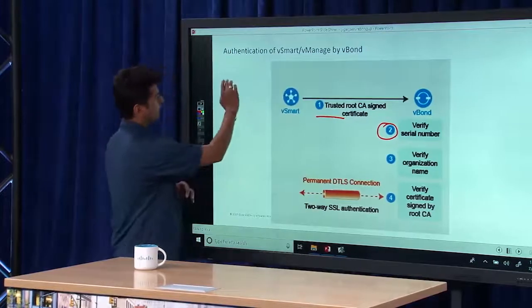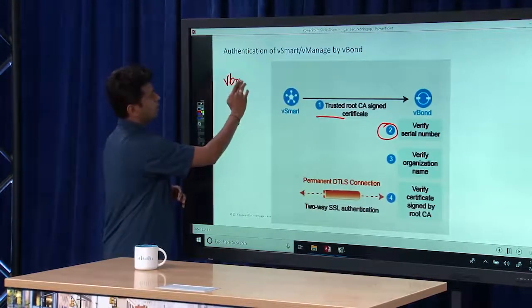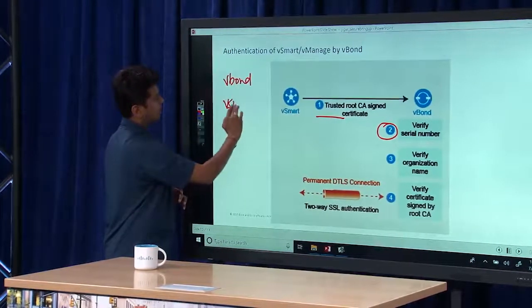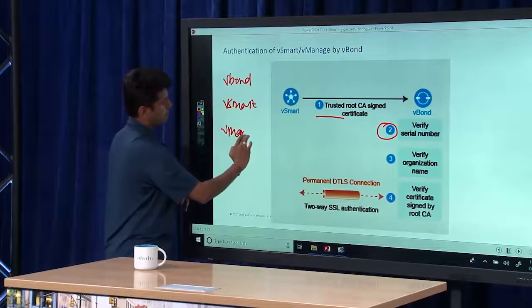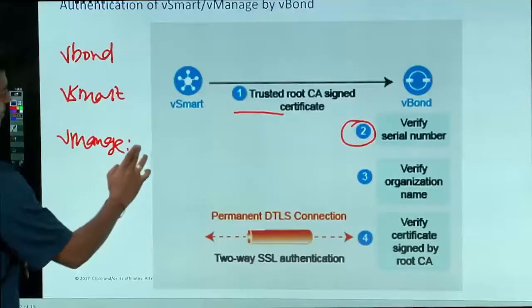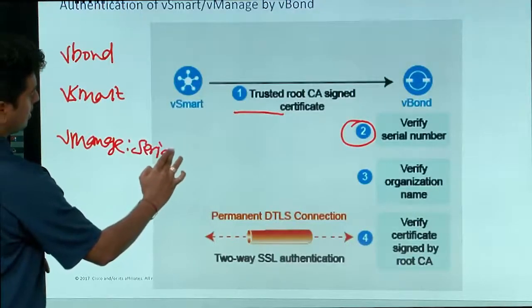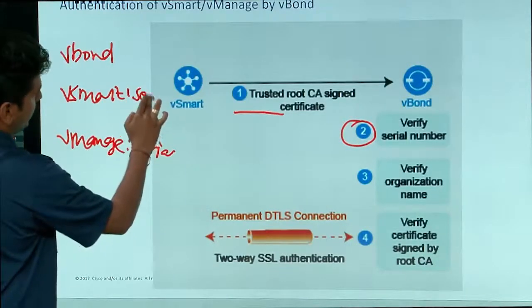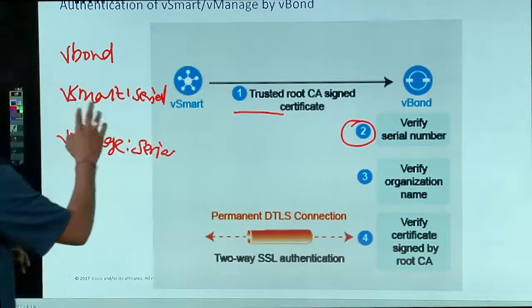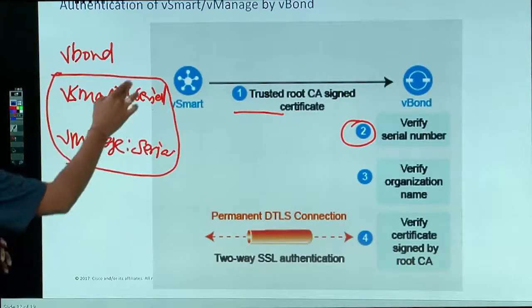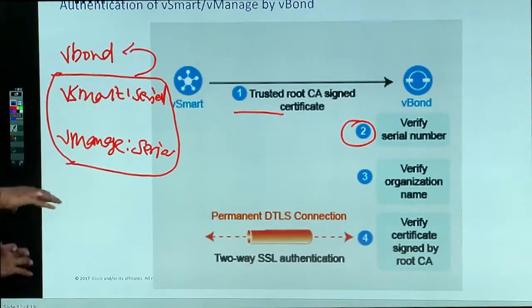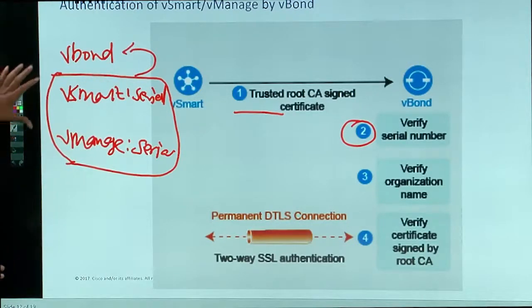Like I mentioned before, vBond, vSmart, vManage: everybody has a serial number, but the information regarding these components' serial numbers is stored by the vBond by itself.